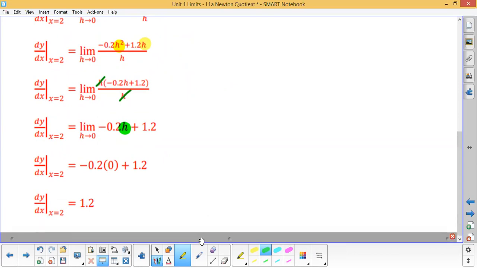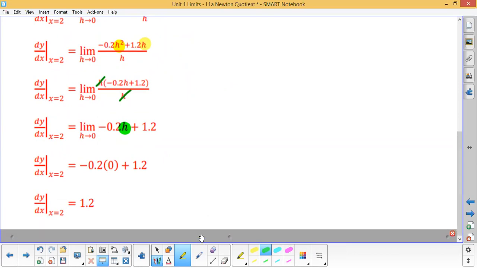So I have figured out now the instantaneous rate of change at that particular point on the curve. So again, our instantaneous rate of change is 1.2.